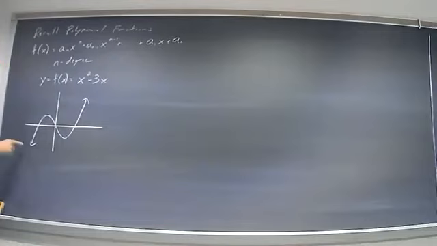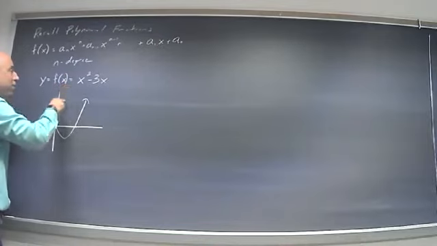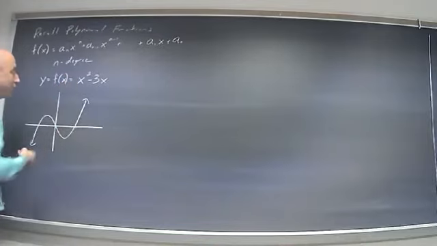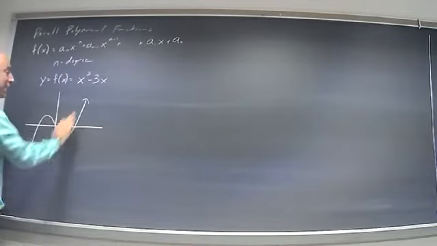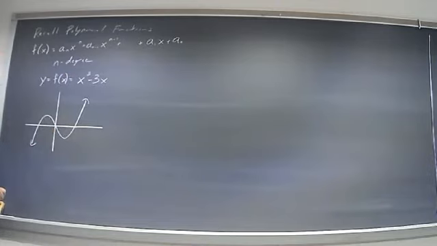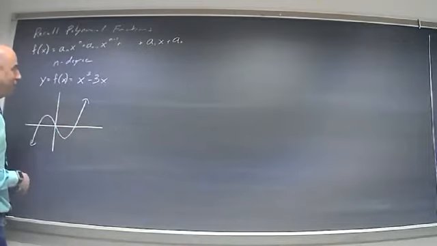We know that it's an odd degree polynomial, so its ends go in opposite directions. We can see that the coefficient in front of the largest power of x is a 1. That's positive, so we know the right end goes up. We could easily figure out where this thing crosses the x and the y-axis.